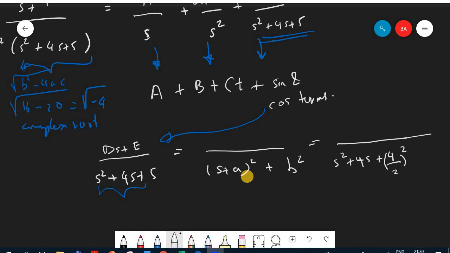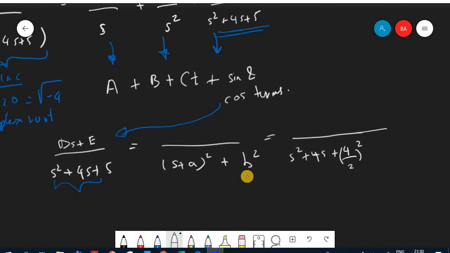Okay, so why am I doing this, I did not finish yet. I still did not finish the denominator, but I did this because I know that this part here will later be s plus 2, which is 4 over 2, which comes from here. It will be (s plus 2) the whole thing squared.